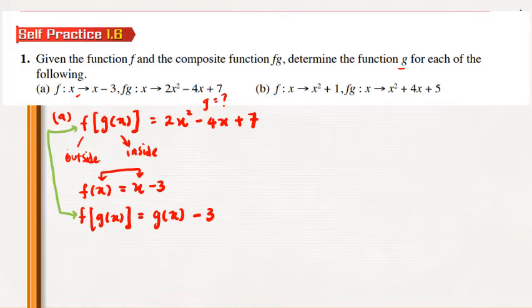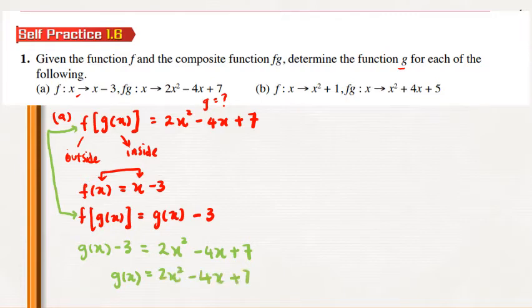So teacher can write the other way, g(x) minus 3 is actually equal to 2x square minus 4x plus 7. So just rearrange: g(x) equals 2x square minus 4x plus 7 plus 3. So we will get 2x square minus 4x plus 10.